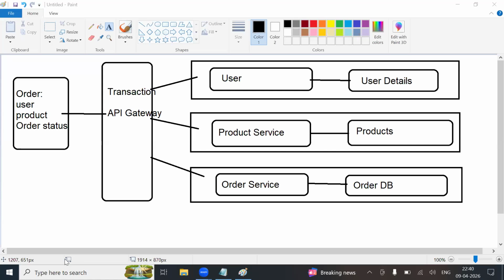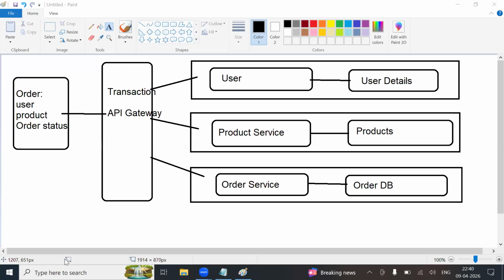See, in the API gateway, we have a transaction concept called Saga. Some people will use Kafka, some people will use the Saga pattern. Kafka is mostly used in Java-based microservices. In .NET, people will use Saga.